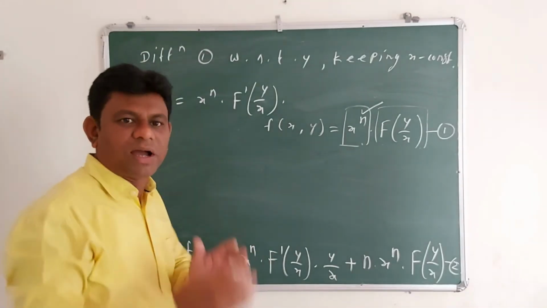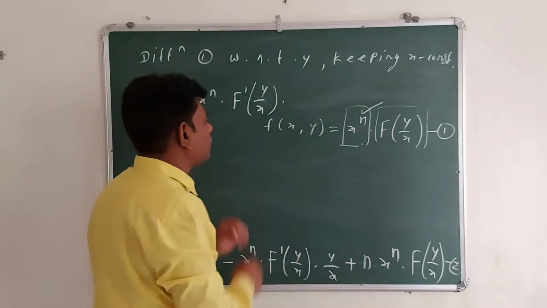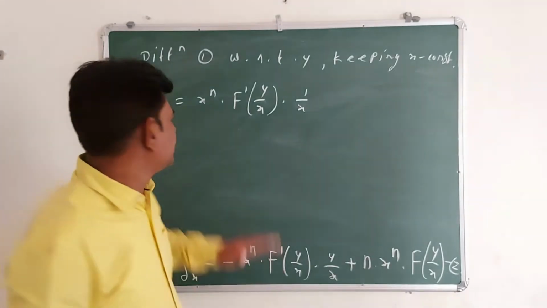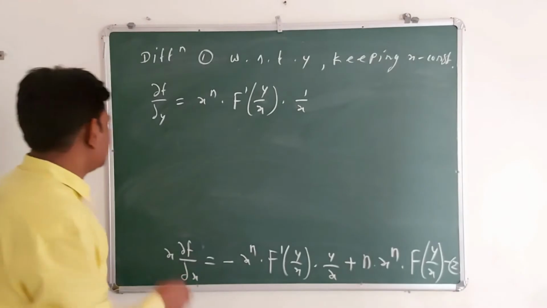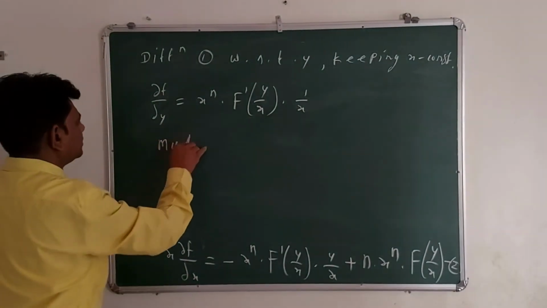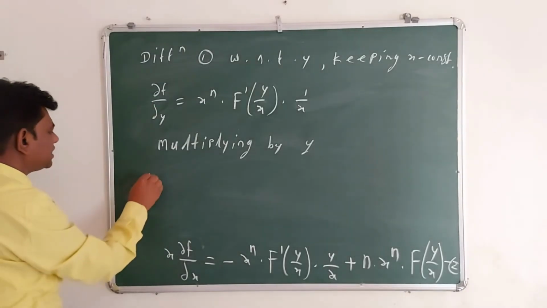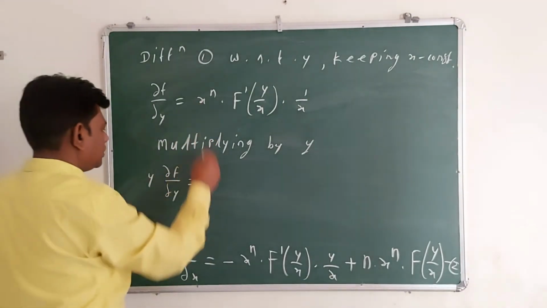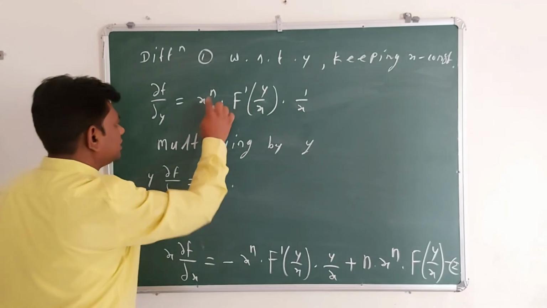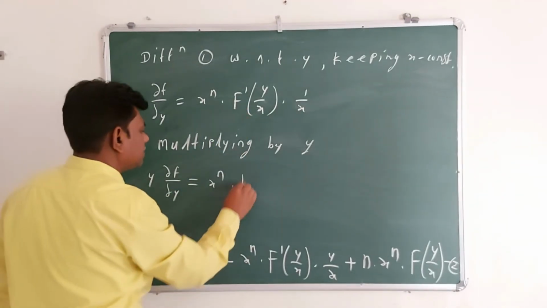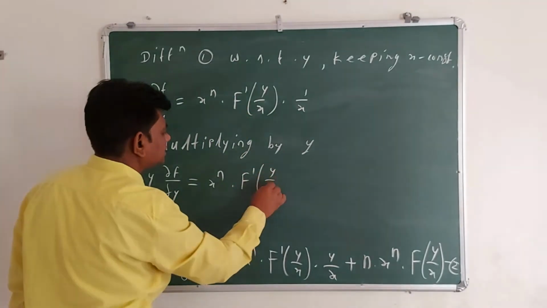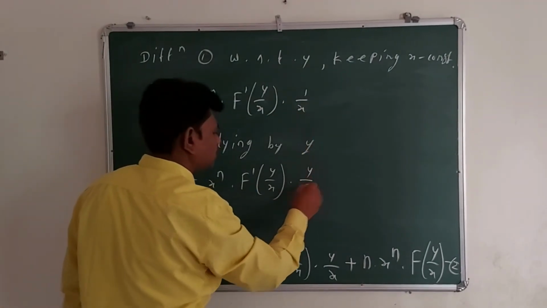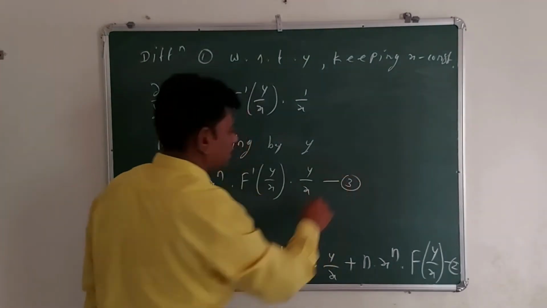The derivative of y is 1, so the derivative of y by x is 1 by x. Now multiplying by y, y times del f by del y is equal to x to the power n as it is, times f prime of y by x as it is, and y times 1 by x is y by x. We denote it by number 3.